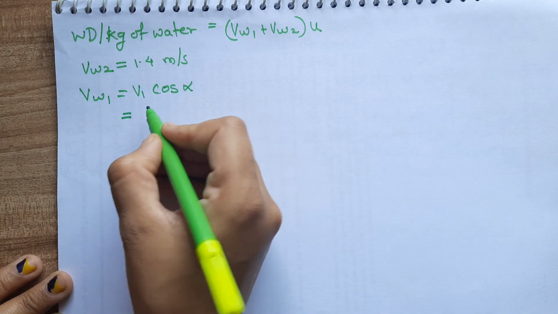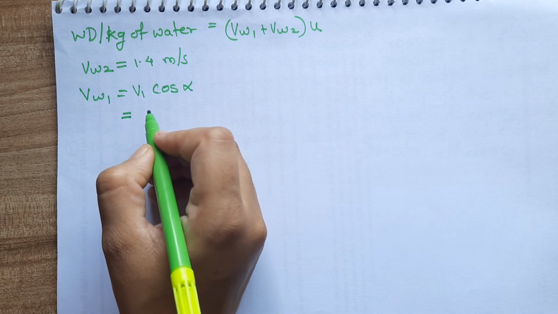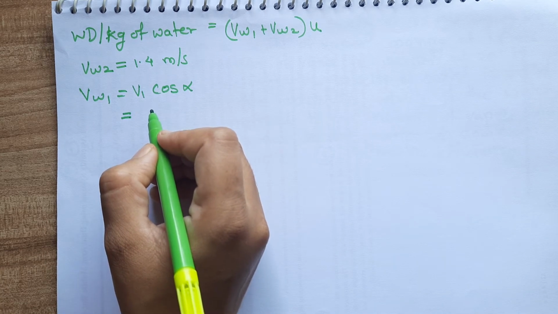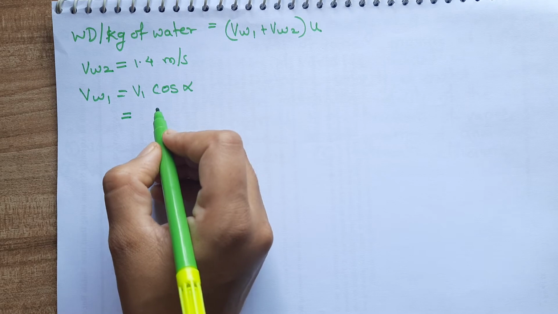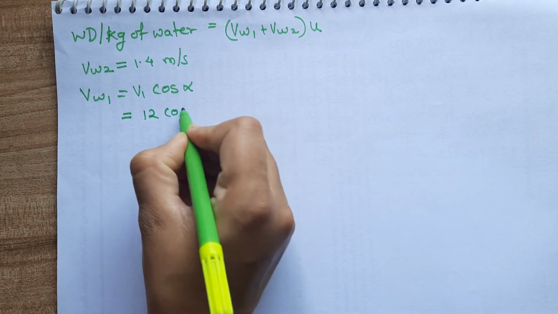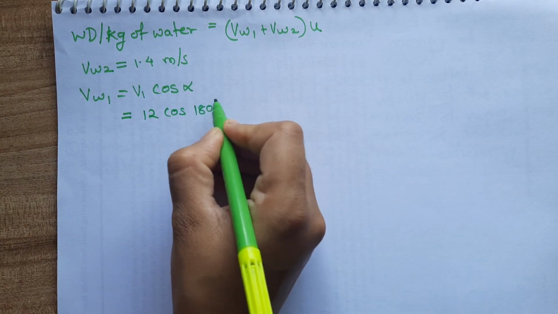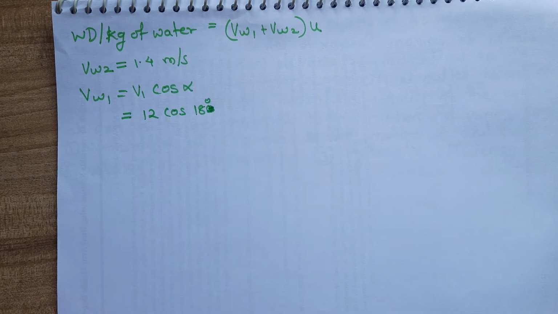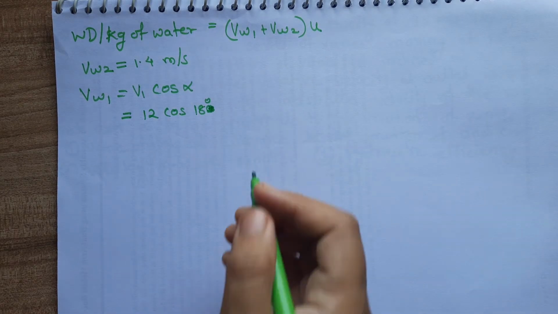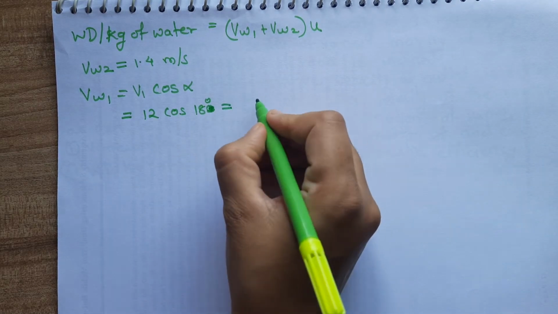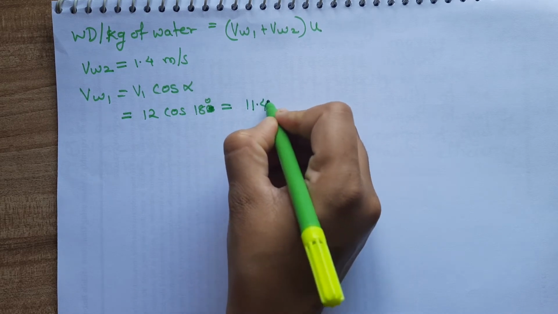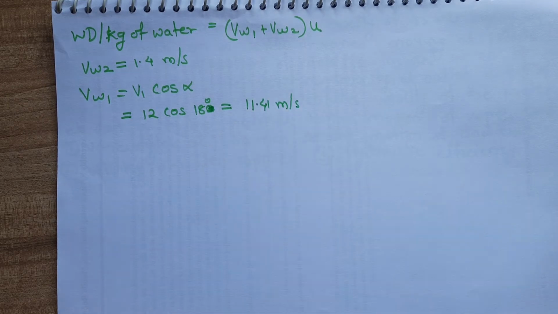V1 is 12 and alpha is 18 degree. Hence, the value of VW1 we will get as 11.41 meter per second.